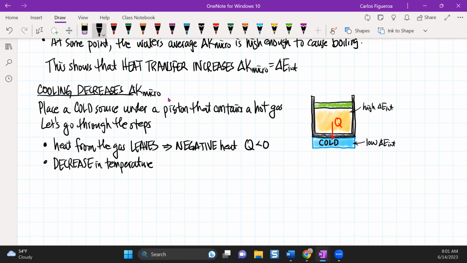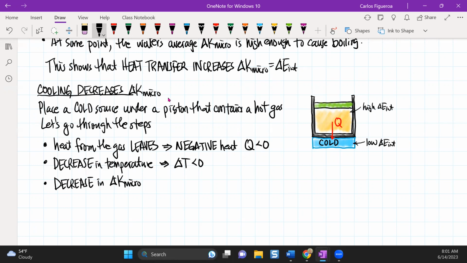And that's because I'm talking specifically about specific heating. And as a consequence, of course, there's a decrease in temperature. But what happens here is that this now causes a decrease in K micro.